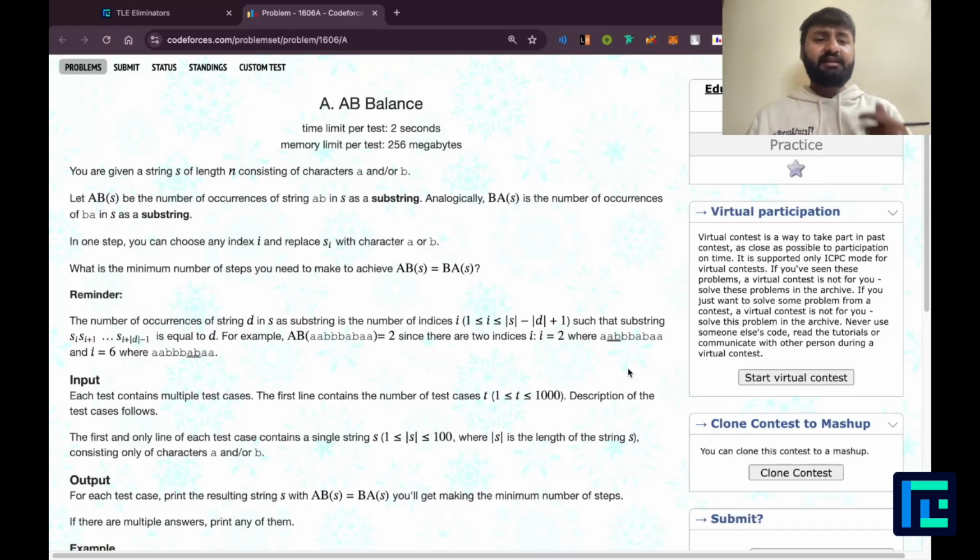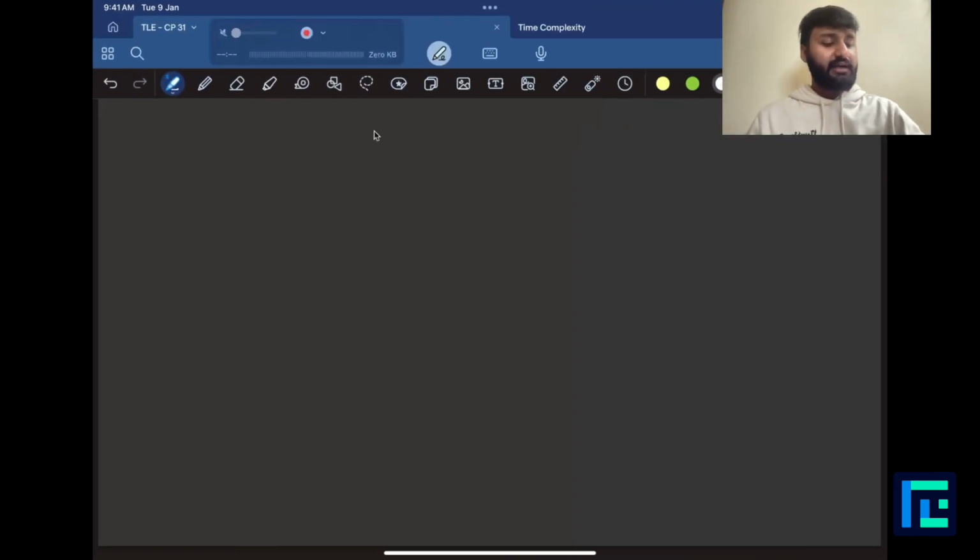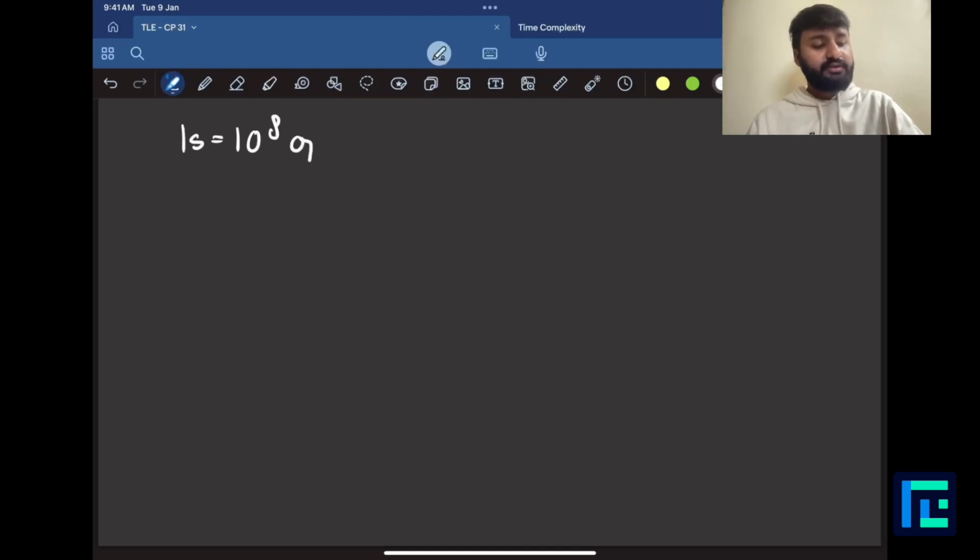Now, let us discuss the expected time complexity in this problem. What are we looking for as comes to the time complexity for this solution? We are given 2 seconds for every test, and we know generally that 1 second basically allows me 10 raised to 8 elementary operations. Now, if this test is allowing you 2 seconds, which means that one test basically allows you 2 into 10 raised to 8 operations.